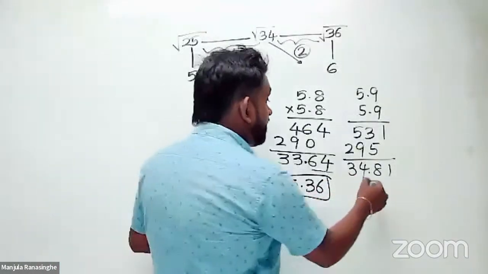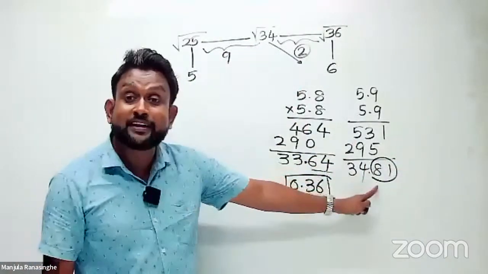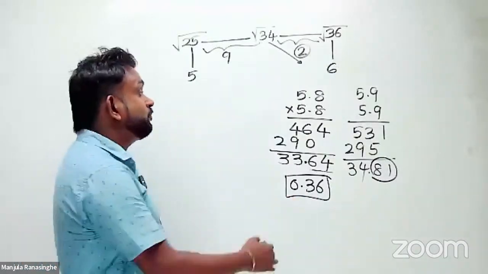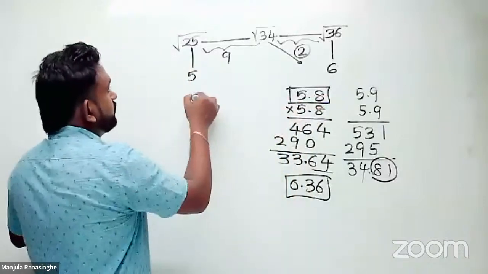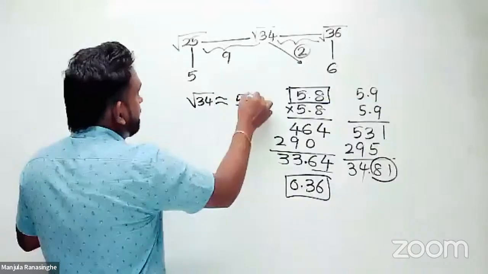So what is the gap there? 0.81 more. Here 0.36 less. So what is the lesser gap? Between 5.8. So now you can conclude the answer as approximately equal to 5.8.